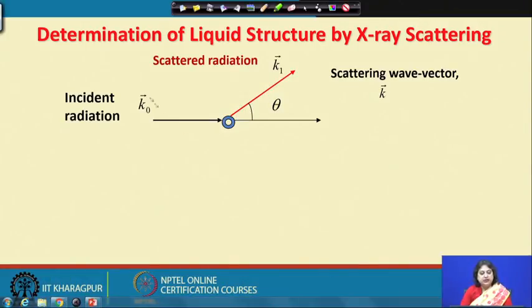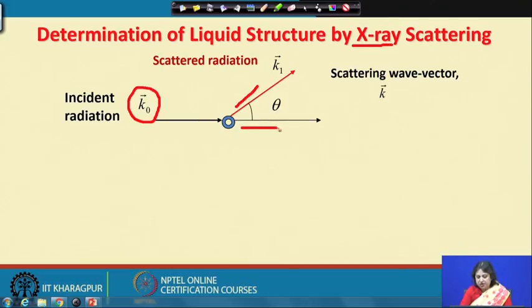You are going to use an incident radiation, which in this case is X-ray. Let us say that the incident radiation propagates in this direction, characterized by the wave vector k naught. When this radiation impinges on the sample, the X-ray would interact with all the electrons present in the system and it would be scattered.